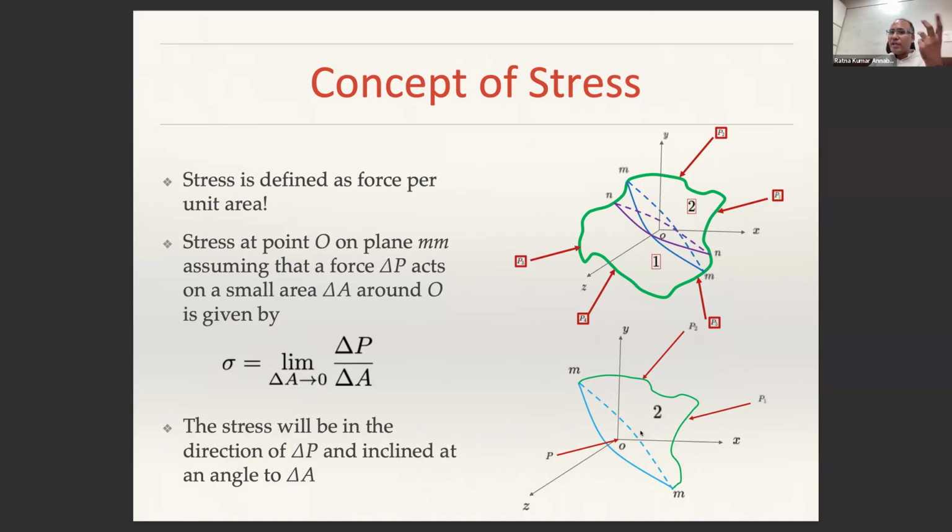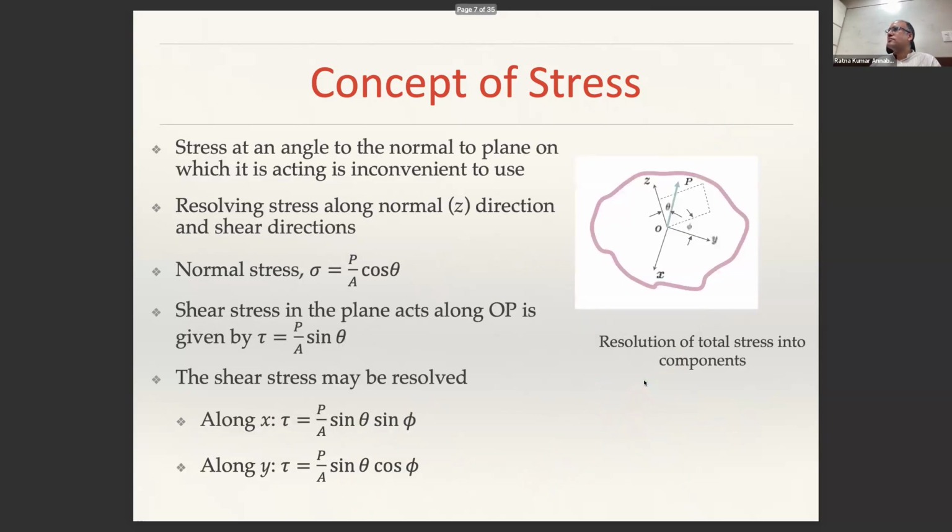When we discuss area, we should mention the magnitude of the cross-sectional area and the normal to the surface. So that is why area is a vector. That is why usually this delta P is inclined at an angle theta from the area. And that results in the components called normal stress and shear stress.